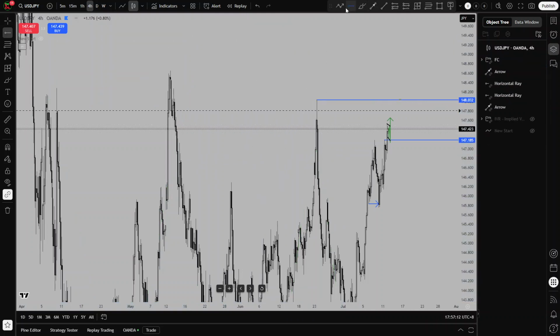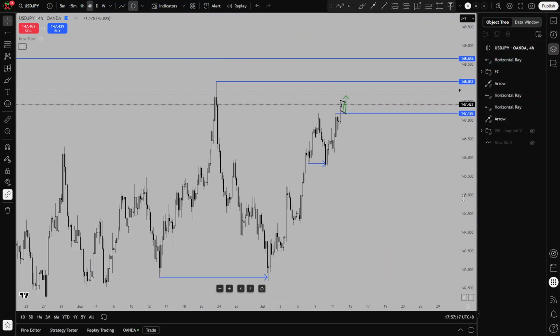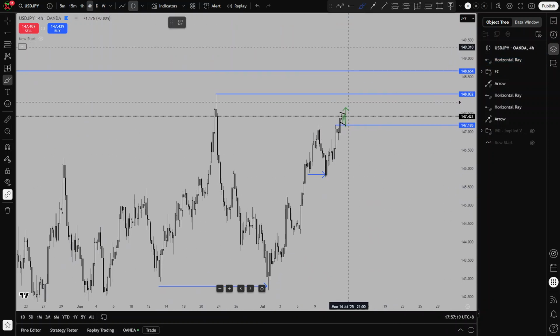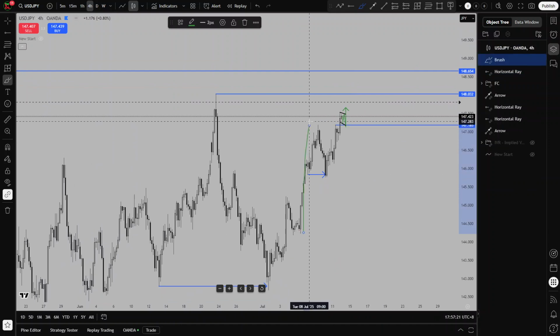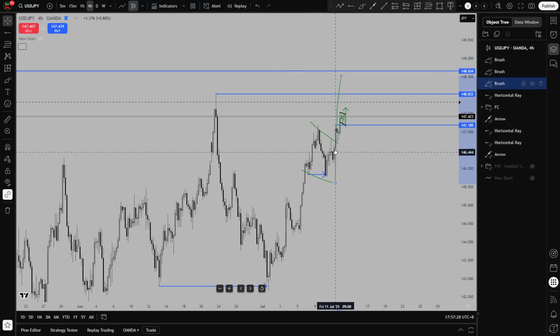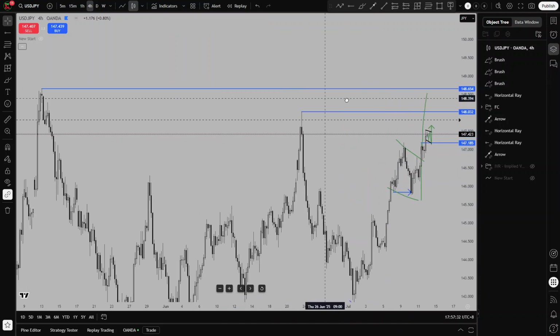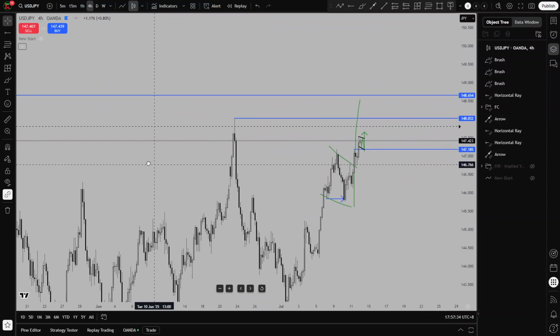We can see we have this high to the left as well. And when we look at the overall proportions and we look at this leg here and we say this is the correction, the volume accumulation, and we just mimic this leg here, it lines up fairly well with the previous high here to the left.